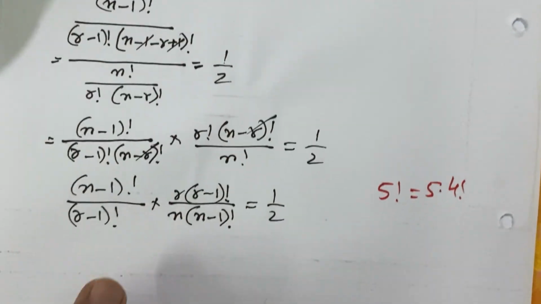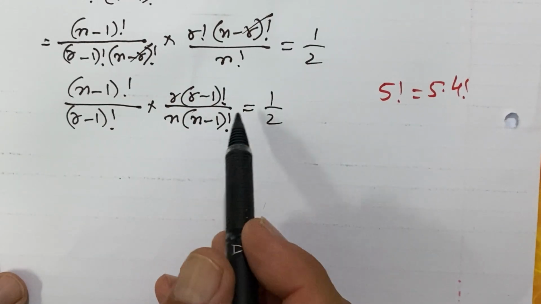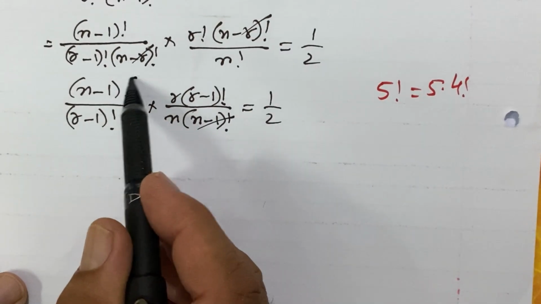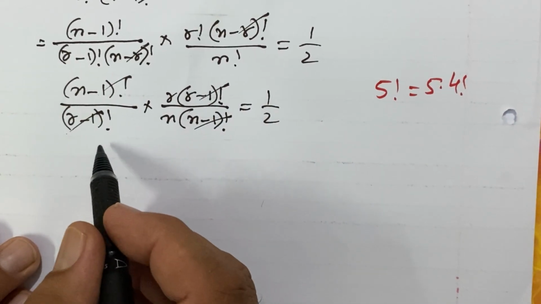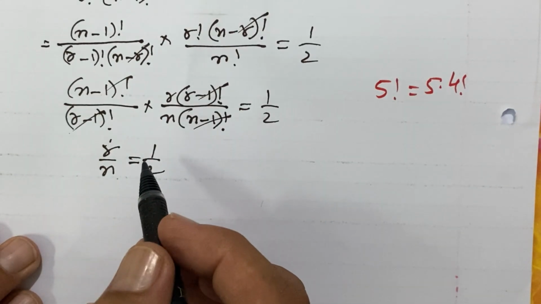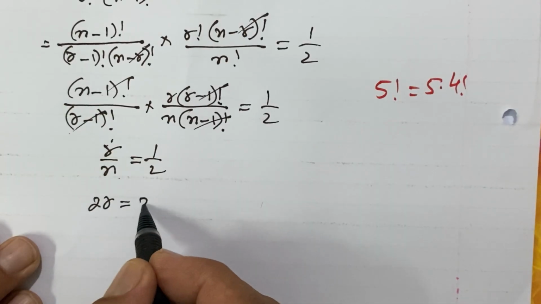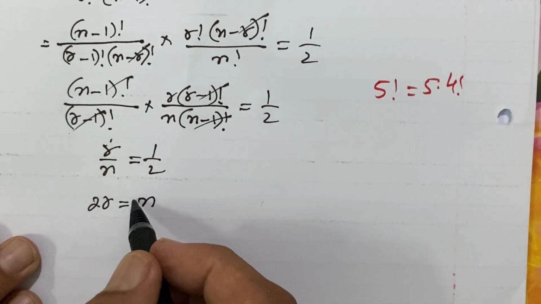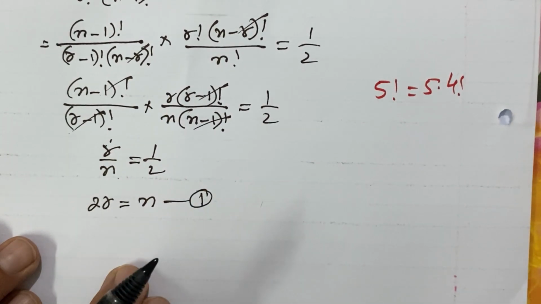Now this n minus 1 is cancelled with this, r minus 1 is cancelled with this. r over n is equal to 1 by 2. This is equal to 2r is equal to n. This is our first relation.